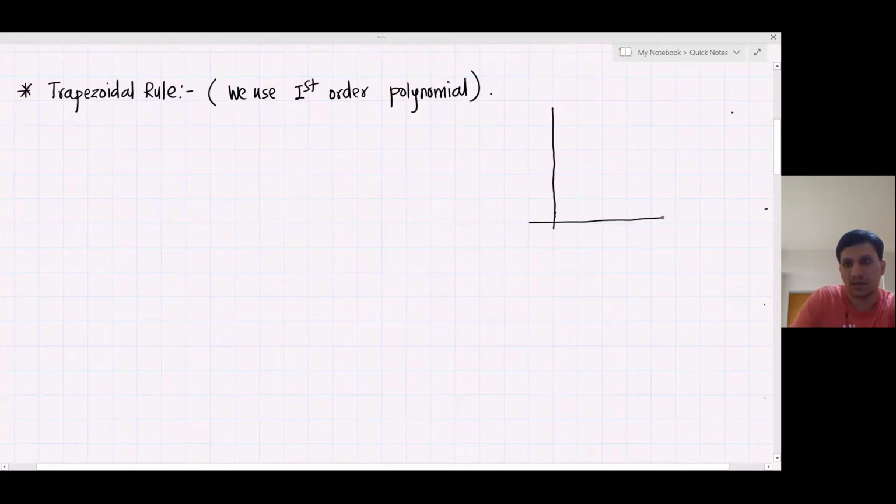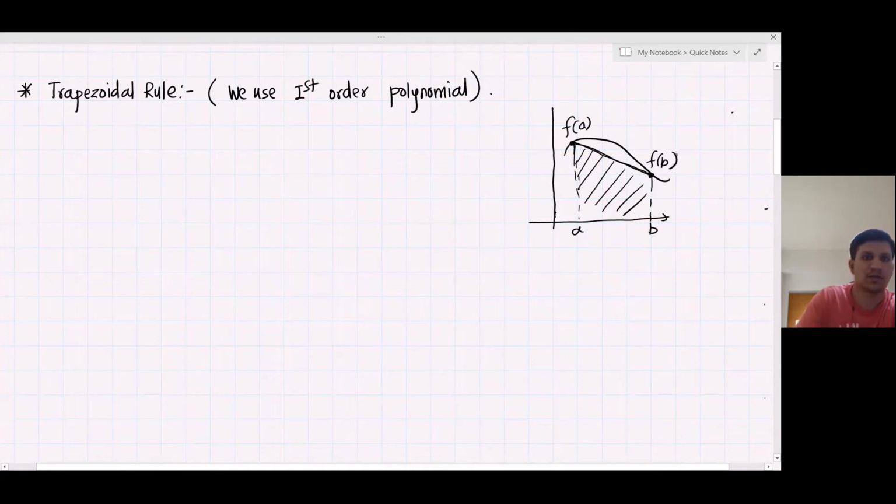For example, suppose this is our curve and we need to perform the integration between these 2 points A and B. So we fit the straight line and calculate the area under it, and this is known as the trapezoidal rule, and we will derive the formula for the trapezoidal rule now.